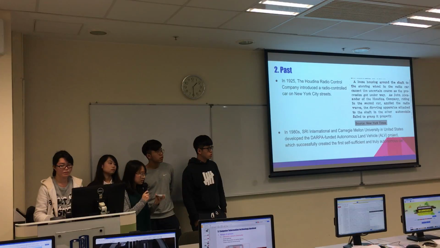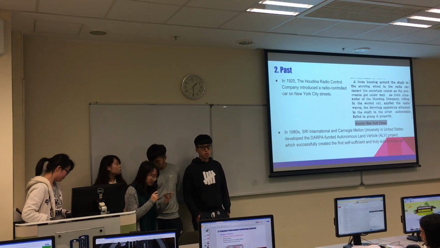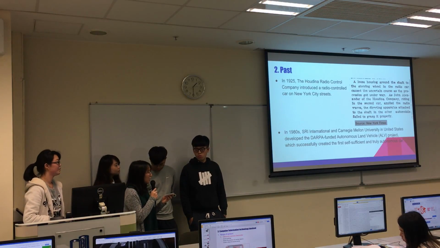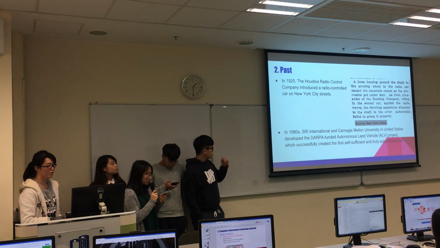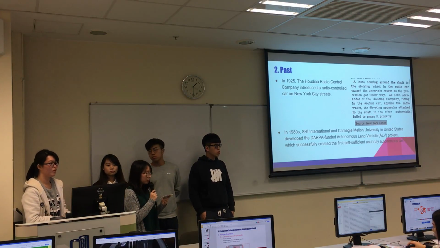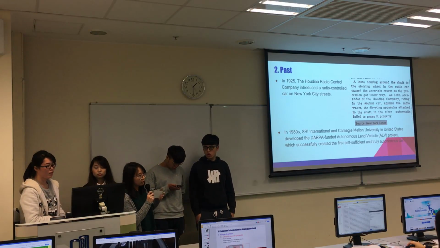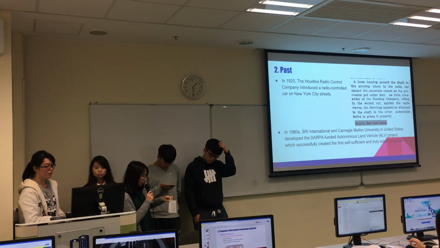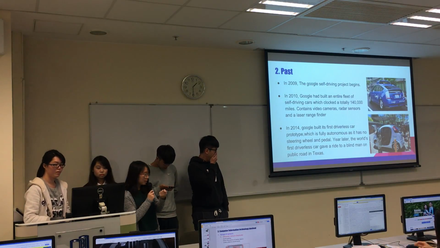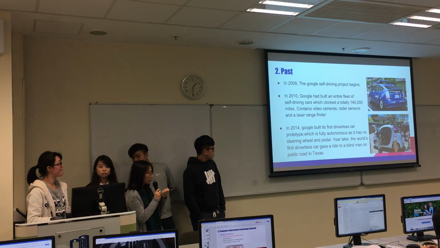Then, in 1980, SRI International and Carnegie Mellon University in the United States developed the ALV project, which successfully achieved a road demonstration that used computer vision and autonomous robotic control to direct a robotic vehicle. Then, in 2009, Google started its own self-driving project.